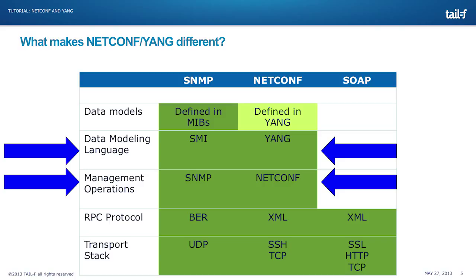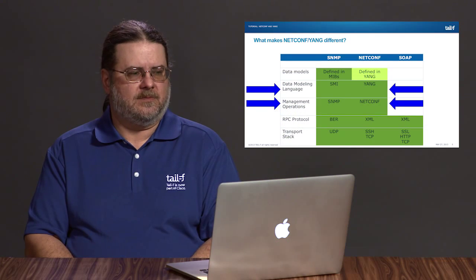So in the SNMP world, the language is SMI. That language is used to write the data models, and then in a MIB, you use SMI to describe the management information for SNMP. In the NETCONF world, we use the YANG language to write a YANG data model that is then used.